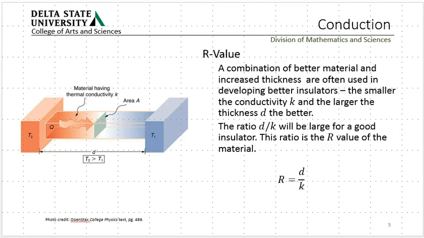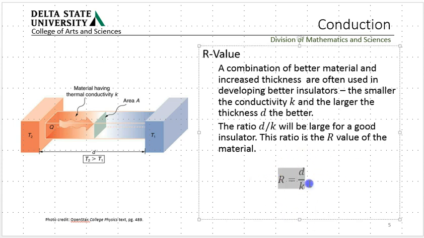All of this, in terms of commercial stuff, we think of in terms of what's called the R value. So if you go down to the hardware store to buy insulation for your house, or you are looking at, should I buy this kind of window versus that kind of window, what you're looking for is the one with the best R value. The R value is nothing other than the depth of the material, how thick it is, divided by its conductivity.